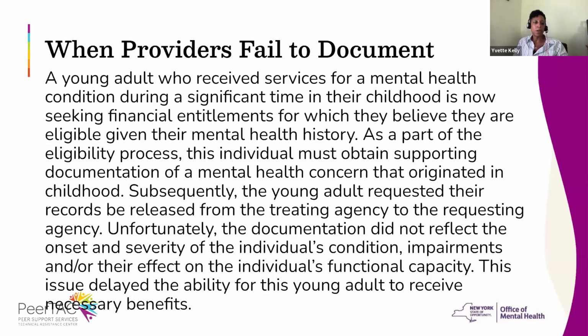Subsequently, the young adult requested their records be released from the treating agency to the requesting agency, but unfortunately, the documentation did not reflect the onset and severity of the individual's conditions, their impairments, and/or their effect on the individual's functional capacity. And so this issue in itself delayed the ability for this young adult to receive the necessary benefits that they would have been entitled to.